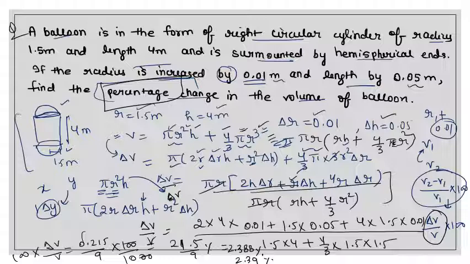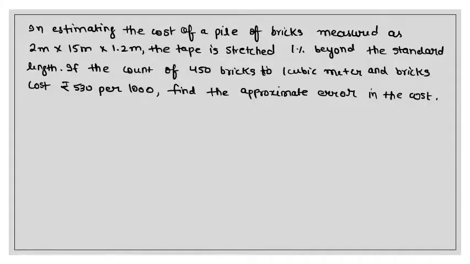Let's see another example of partial differentiation. Here what is given to you is, in estimating the cost of a pile of bricks, which are cuboidal in shape, you are given length 2 meter, breadth 15 meter, and height 1.2 meter. And it is stretched 1% beyond the standard length.